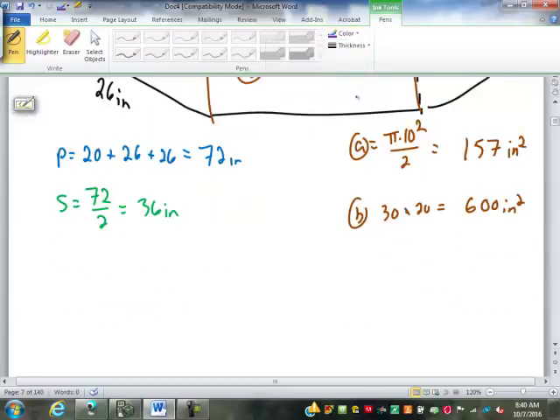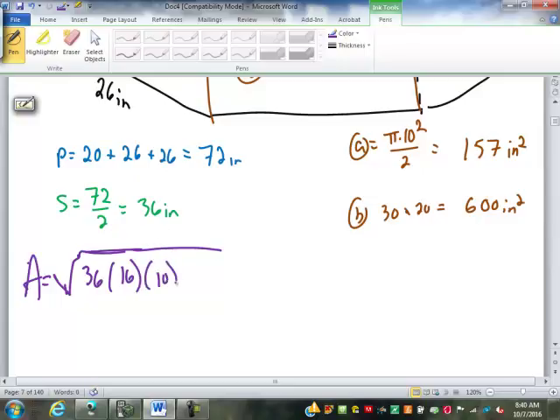So our area is the square root of 36 times 36 minus 20, which is 16. I'm taking a little shortcut here. 36 minus 26 is 10. 36 minus 26 is 10 again.